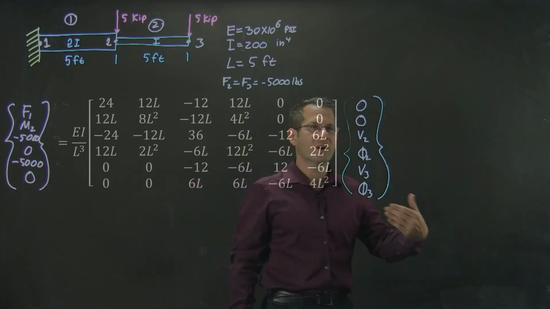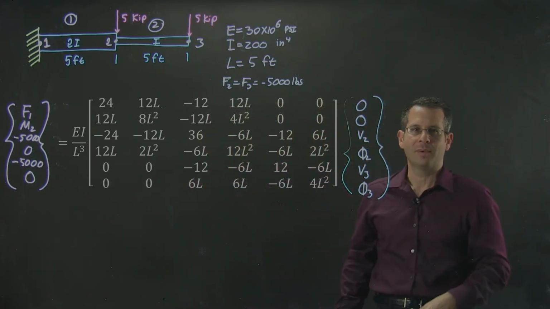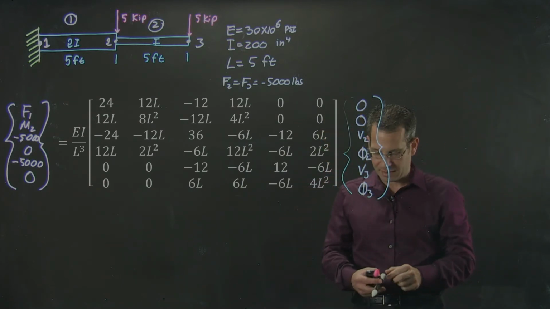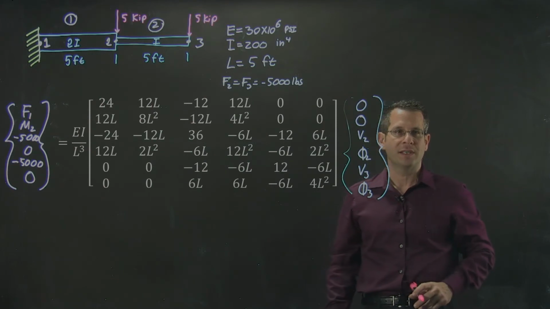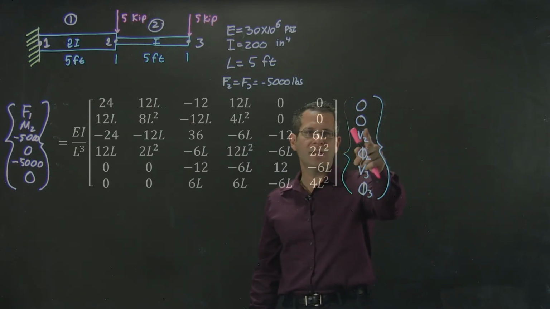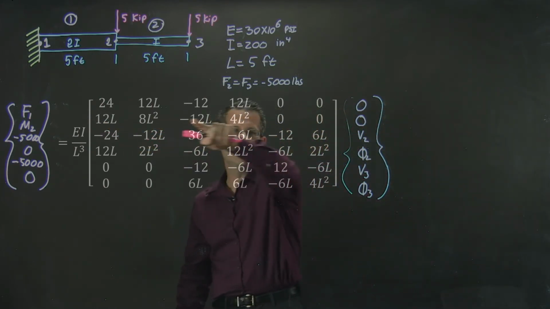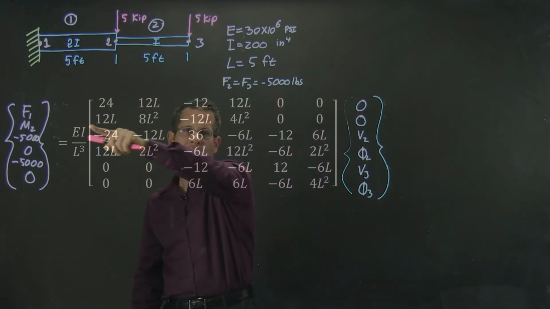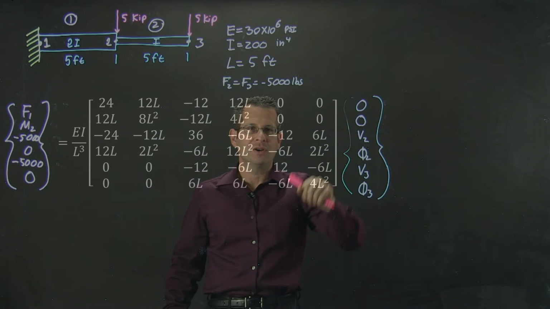Just like we did when we were looking at beam problems, my first step now is to solve for my unknown displacements. When I solve for my unknown displacement, I have no need for these two equations along the top of my vector and matrix algebra problem.